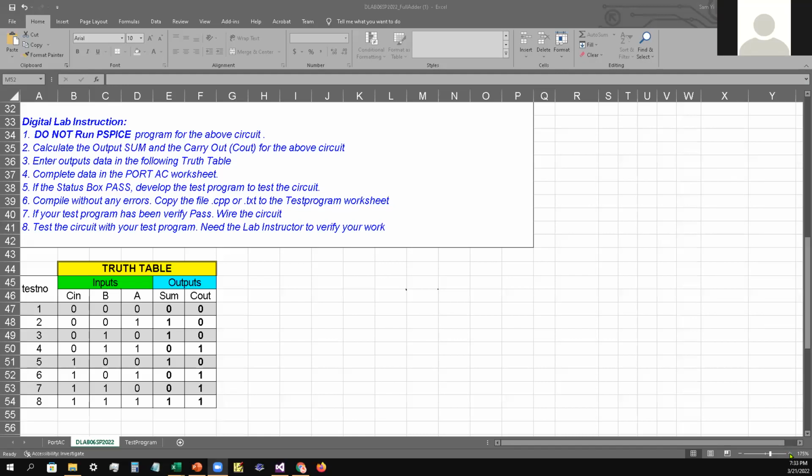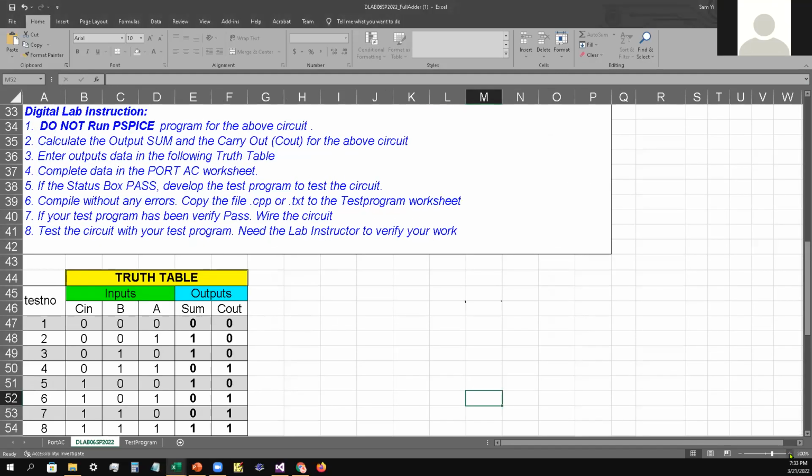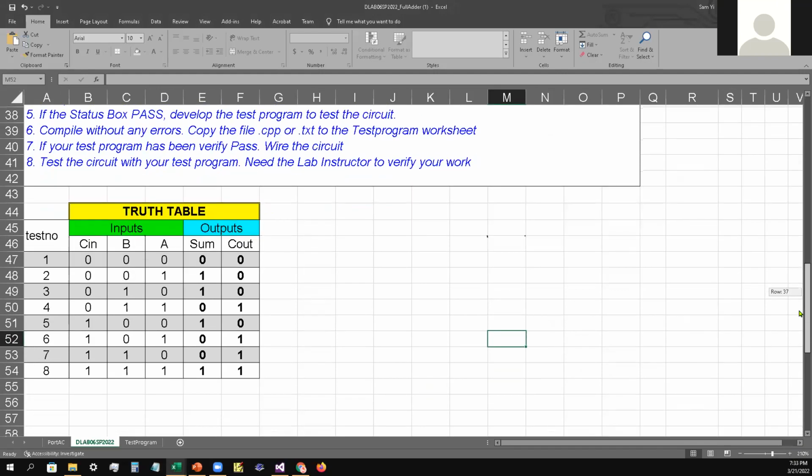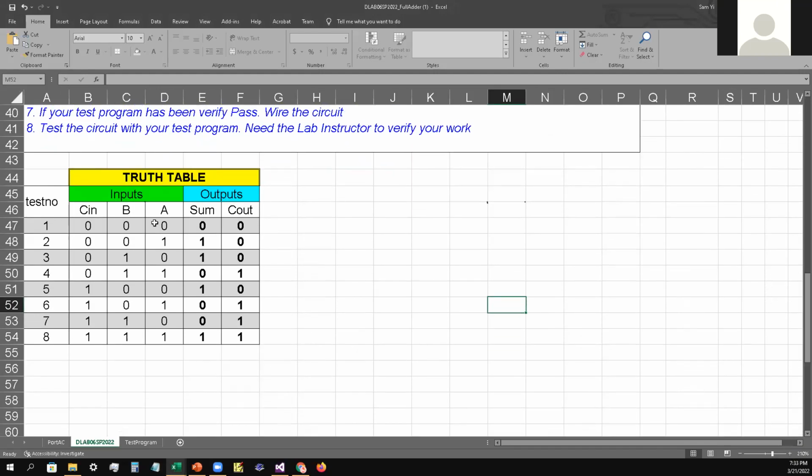Another thing too is look at that truth table and you see a consistency in how the numerals are changing from one row to the next. If you do a comparison, you'll see a pattern there. On the CIN, you got 4 zeros, 4 ones, and if you look at B, you have 0, 0, 1, 1, 0, 0, 1, 1. So there's a pattern there, and then next to that A has a pattern too, consistency.